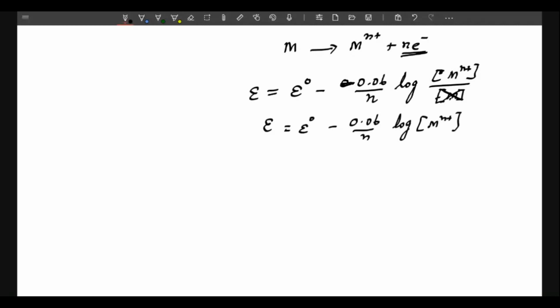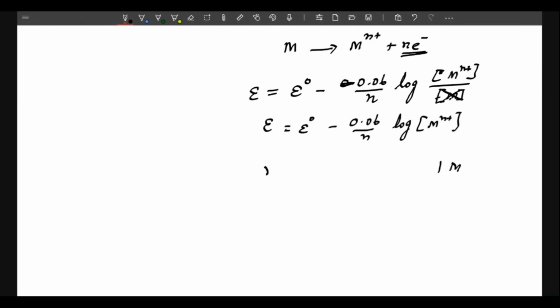If the concentration of the electrolyte is 1 molar, log of 1 is 0, and this is equal to 0. Now epsilon would be equal to epsilon naught, that is the standard potential. Therefore, epsilon is equivalent to epsilon naught when the activity or concentration is 1, or when the quotient is equal to 1.